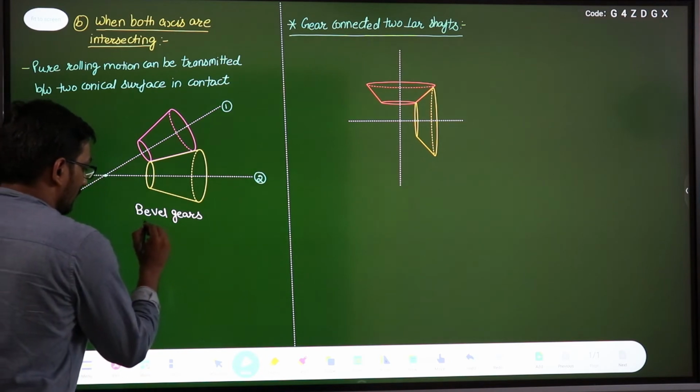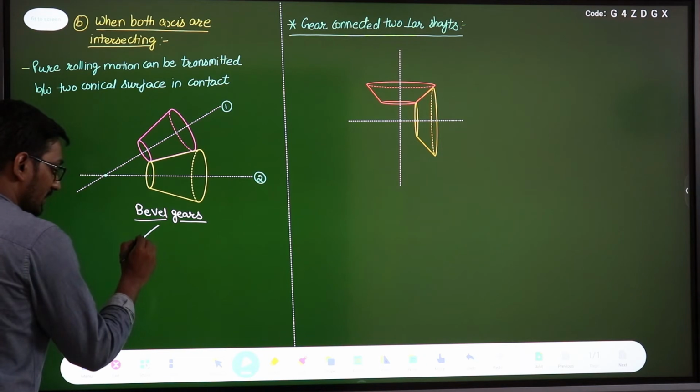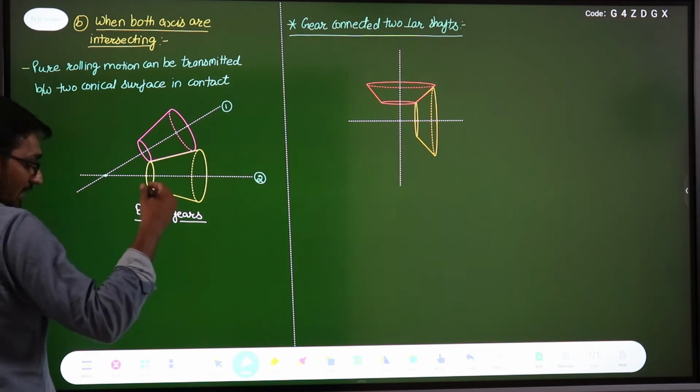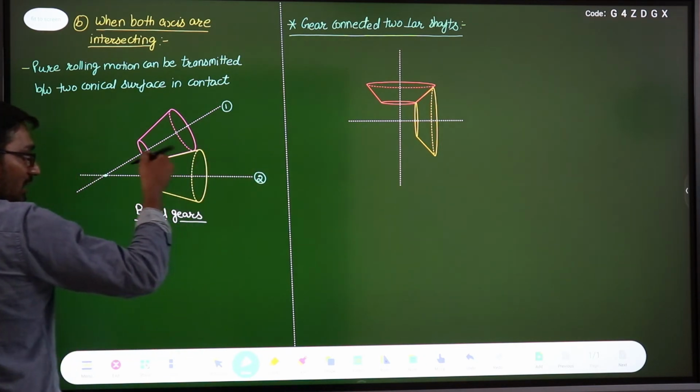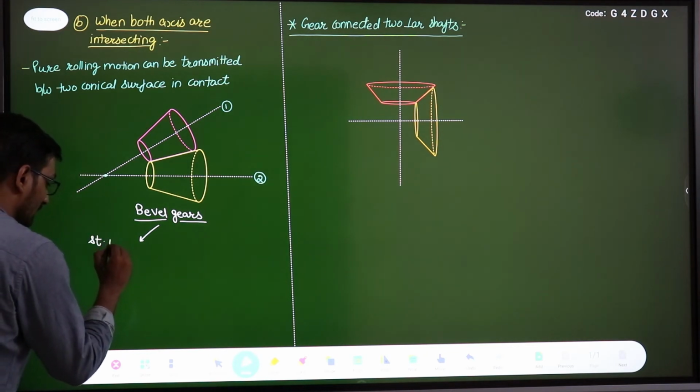Now bevel gears are also of two types. If the teeth are straight and parallel to the axis of rotation, then we have straight bevel gear.